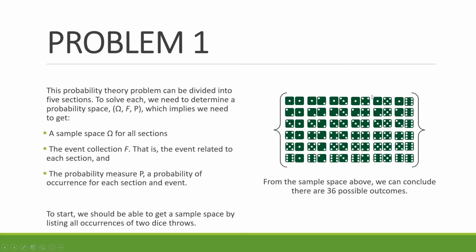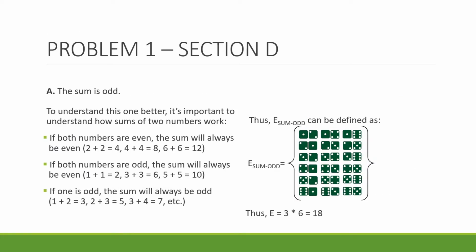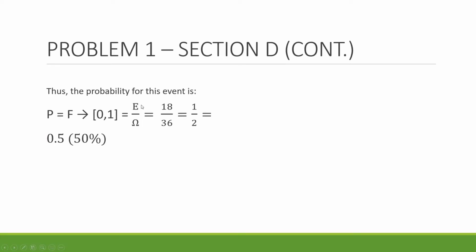So we get that the event collection will be 18. And conversely, if we want to find when the sum is even, it will also be 18 because it's the other numbers. But in this case, the probability will be the event over the sample space, 18 over 36, 1 over 2, 1 half, or 0.5, or a 50% chance to get it.